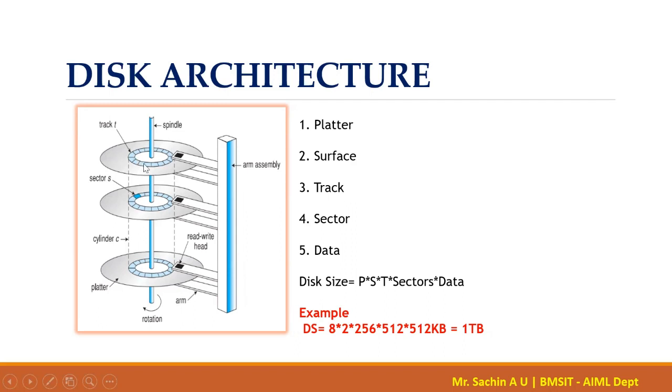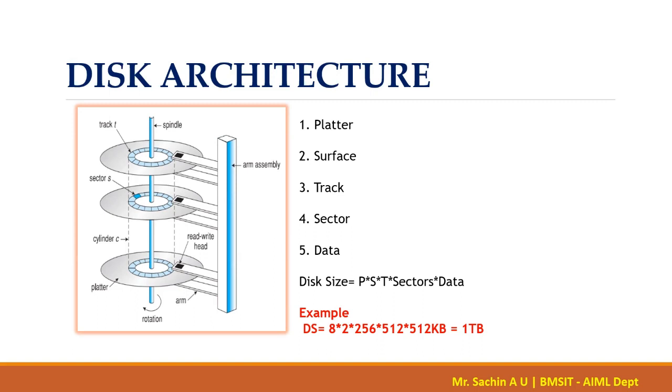In one platter, as I have told you, we have eight such tracks. This is just an example; in reality there will not be exactly eight tracks, there might be a large number of tracks, but for your understanding let us assume there are eight. Each track consists of one song, and one song is 4 MB.